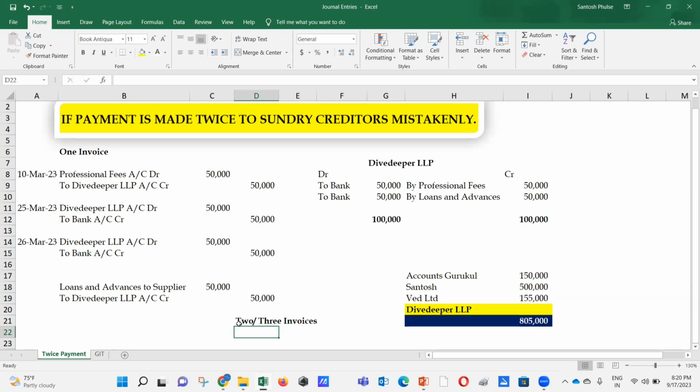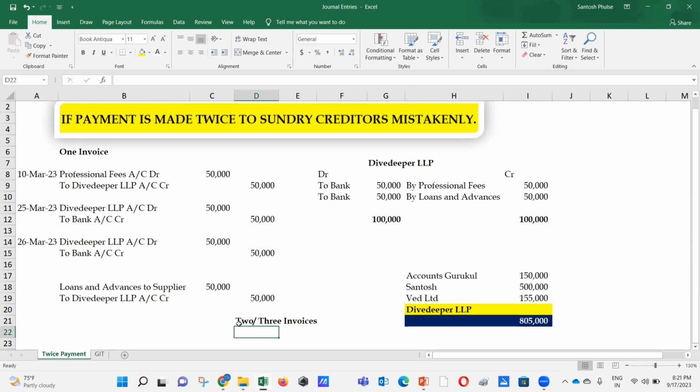But if you have a single invoice, then you have to follow these ways. The first, you have to park that amount towards loans and advances to supplier. And second, as and when it's received from that particular supplier, that's going to be removed from loans and advances and adjusted against that advance. That's the way you have to do it.